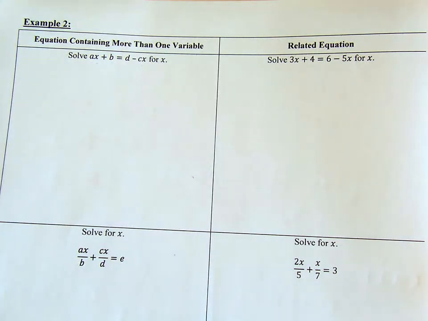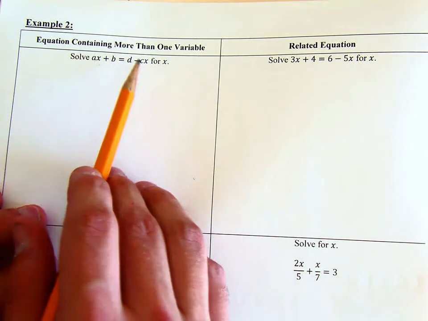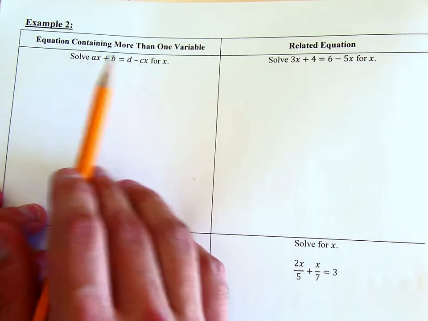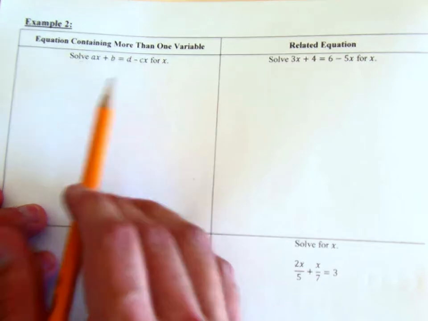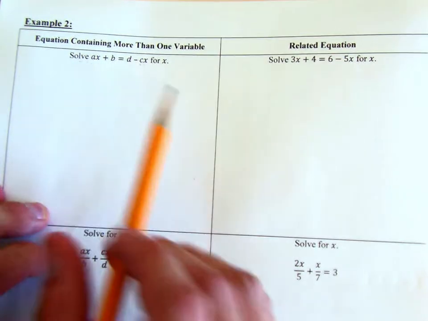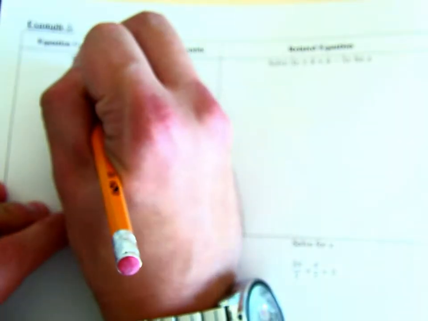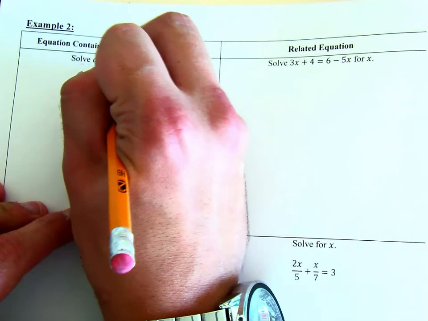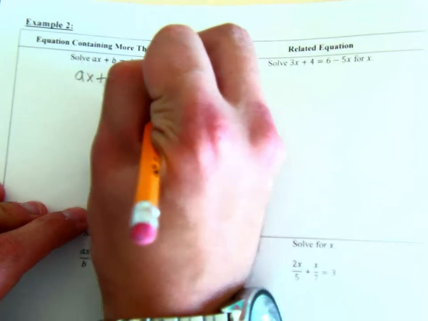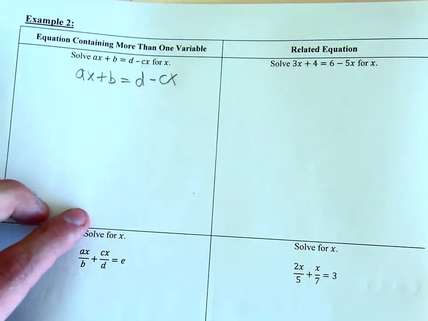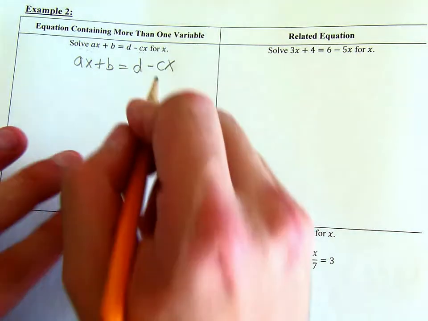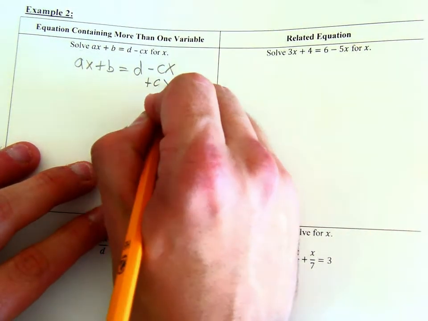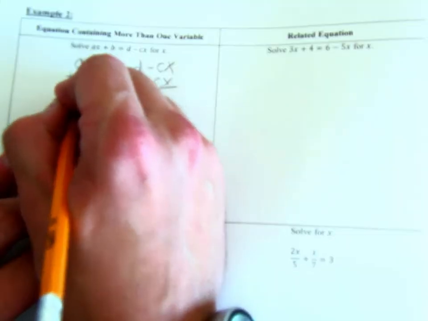If we look at this, we're first looking at both sides of the equation. On both sides of the equation, we have x. So we have to get x on one side. So let's go through, and I'm going to add cx on both sides. I'll start with writing my formula, ax plus b is equal to d minus cx. And then on both sides, I'm going to add cx.